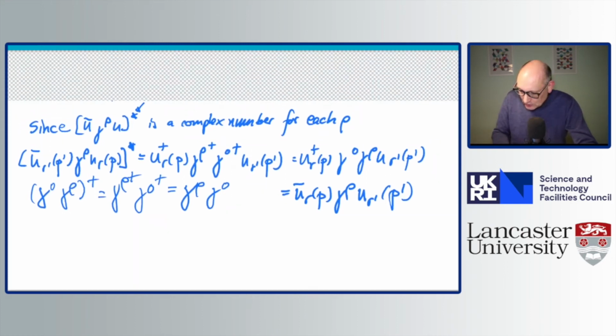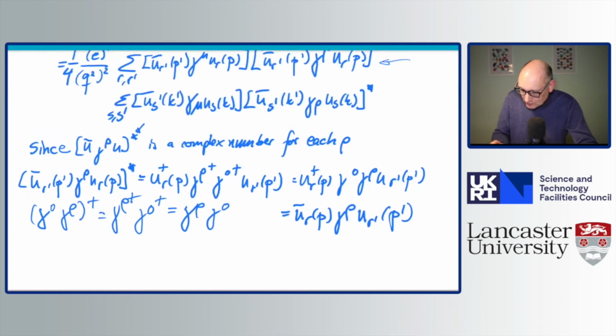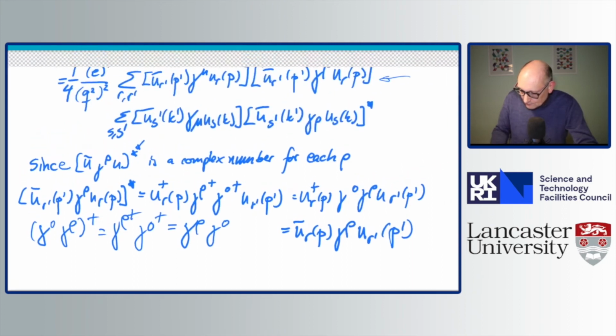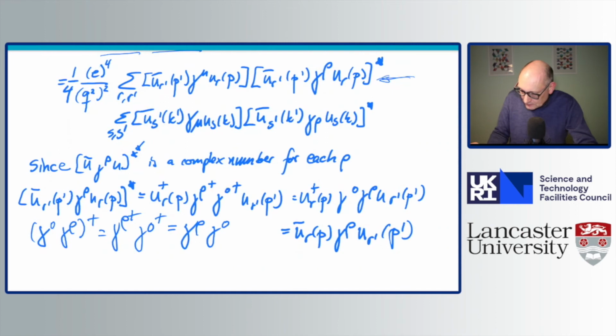So if we look at this double sum here, and use how we've just written the star here as a product that is ū_R(p), then conveniently that links up with a u_R(p) here. And we have to sum over R and R′.